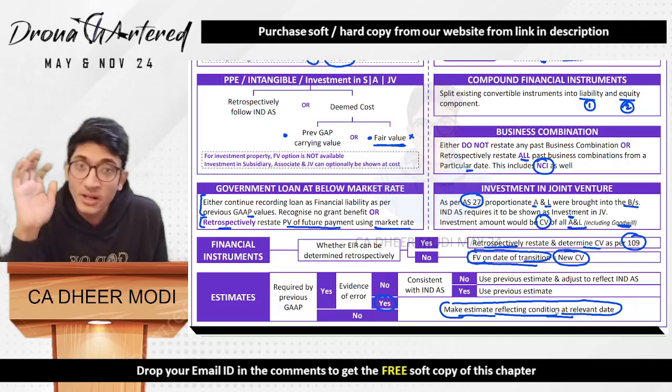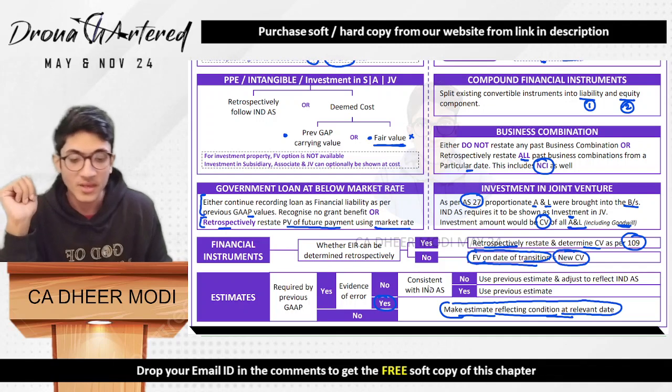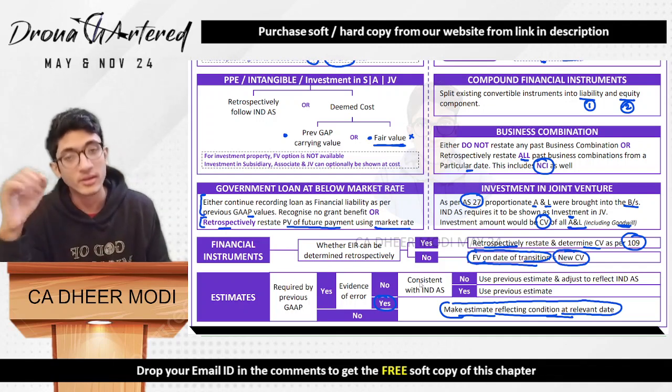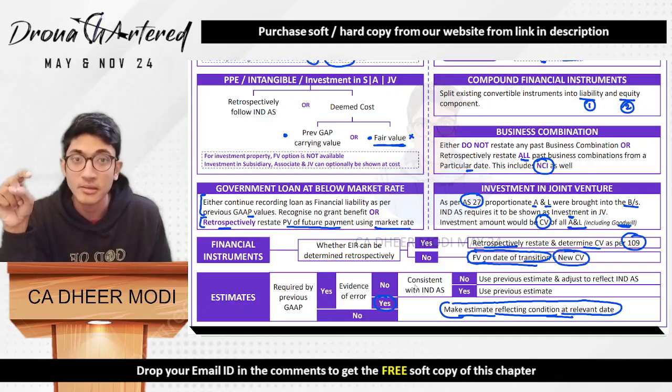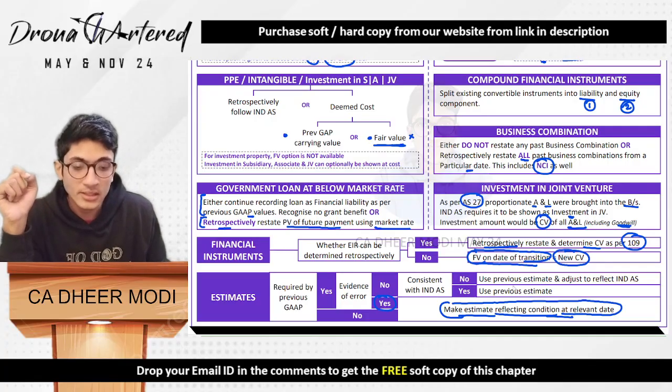If there was no error previously, that means the estimate was correctly determined. And then, is it consistent with the IND AS or not? Whether the previous estimate as per AS or whichever GAAP we are following is consistent with the current IND AS? If the answer is yes, then you use the previous estimate.